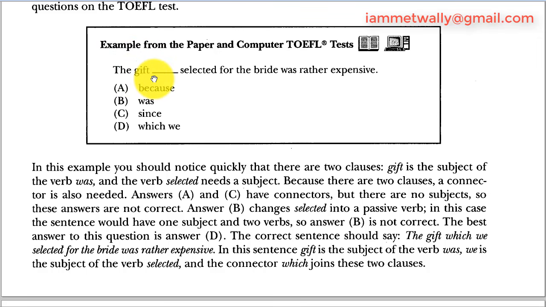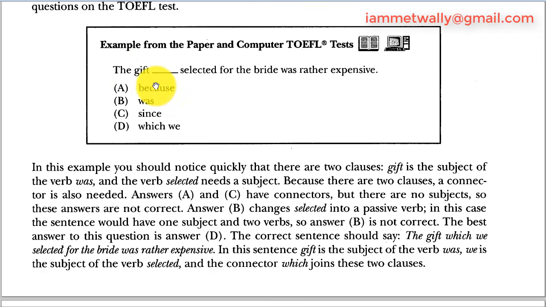The gift selected for the bride was rather expensive. If you look carefully here, the gift was rather expensive. That's very complete. Selected for the bride. Selected could be the second form of the verb, could be an adjective as the third form of the verb, or could be part of the verb.